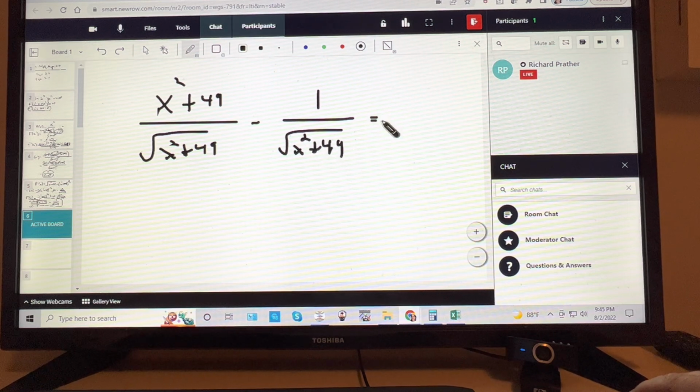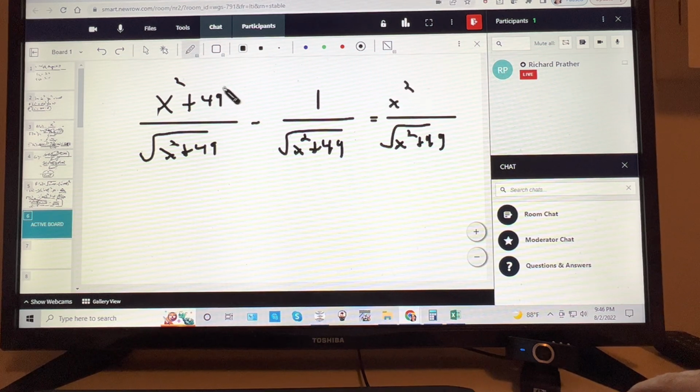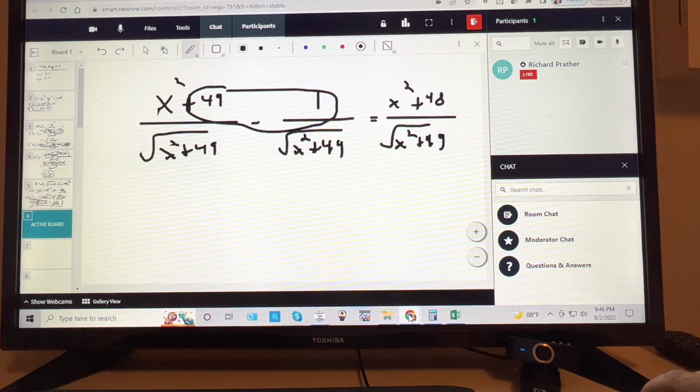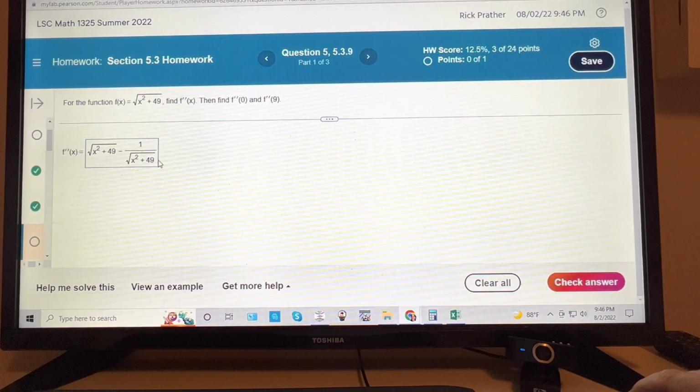So then you can come all into one common denominator. And then you could actually combine this and get x squared. 49 minus 1 is 48. So that's combining it into one fraction.